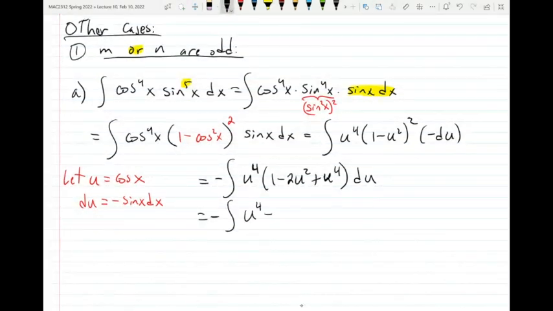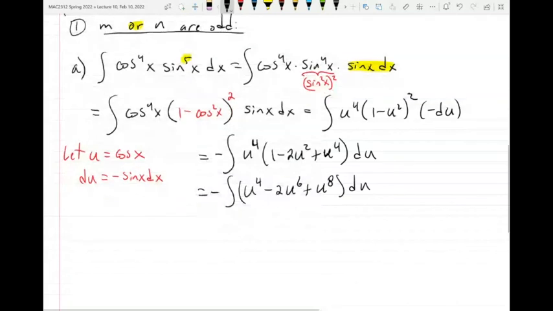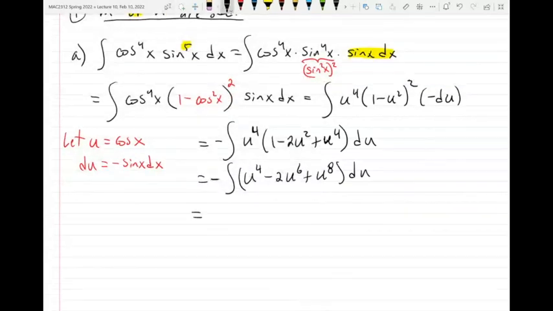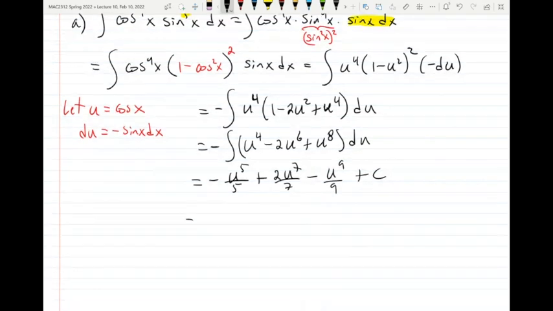So that's u to the 4 minus 2u to the 6 plus u to the 8 du. Then I'm going to distribute the negative also. So minus u to the 5 over 5 plus 2u to the 7 over 7 minus u to the 9 over 9, and then put back your cosine.